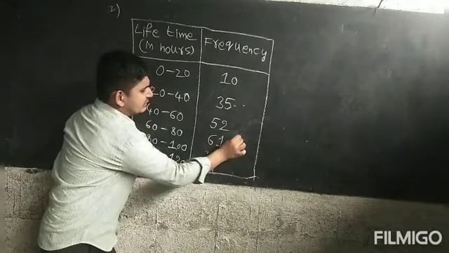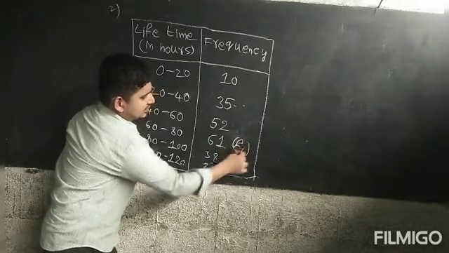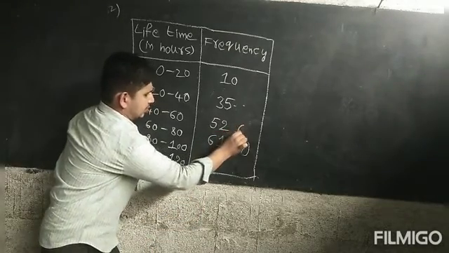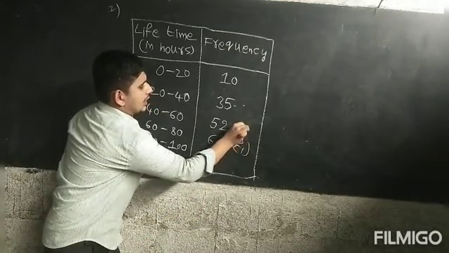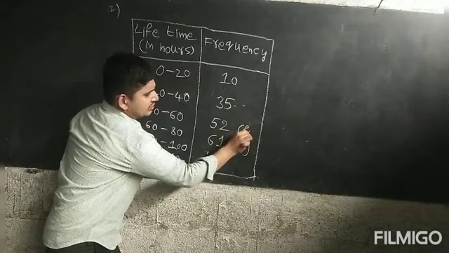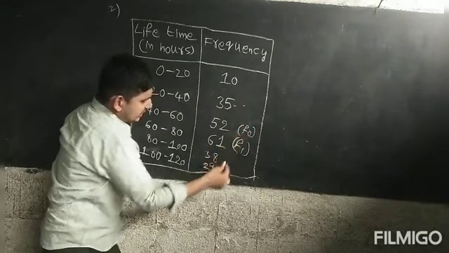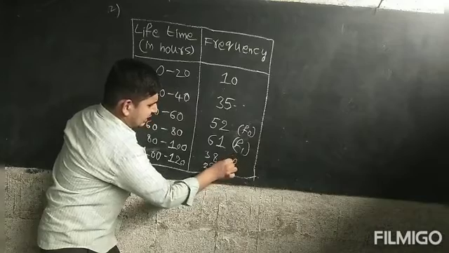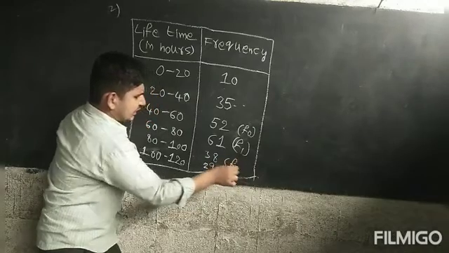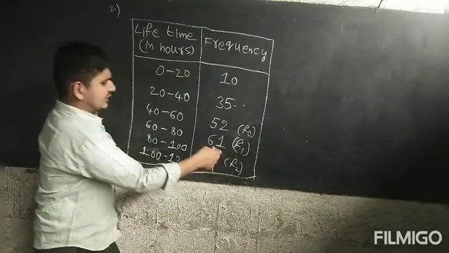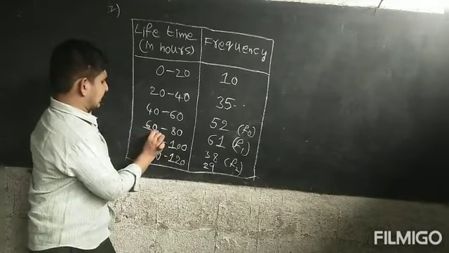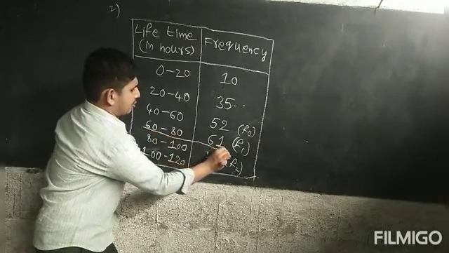F1 equal to 61. This is F0, and this is F2. Since 61 is the highest frequency, the class 60 to 80 is called the modal class.